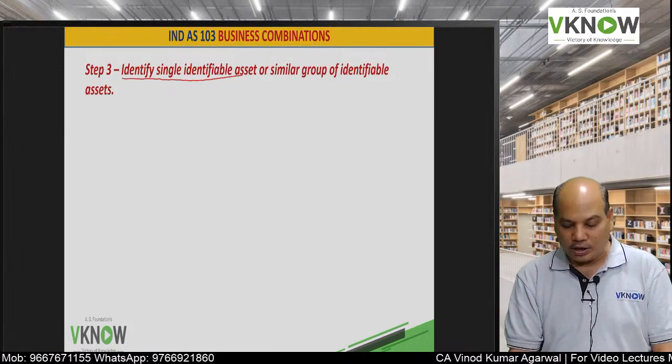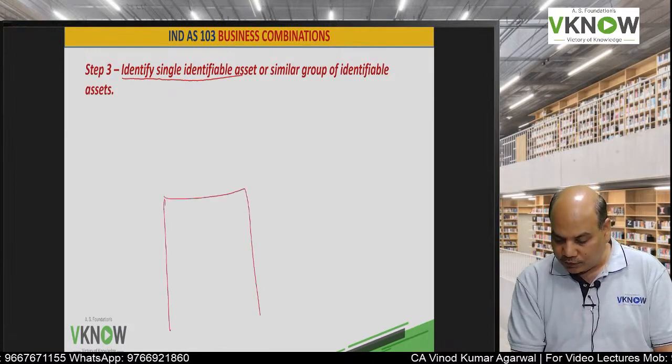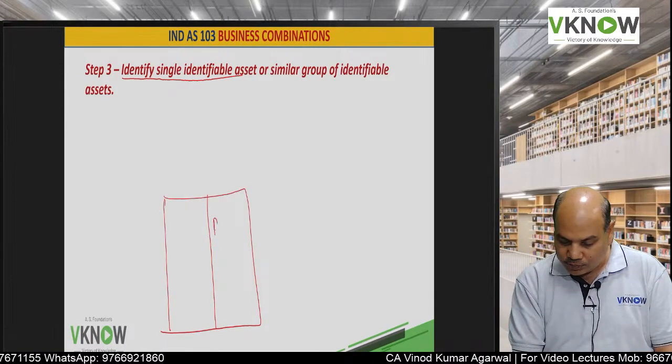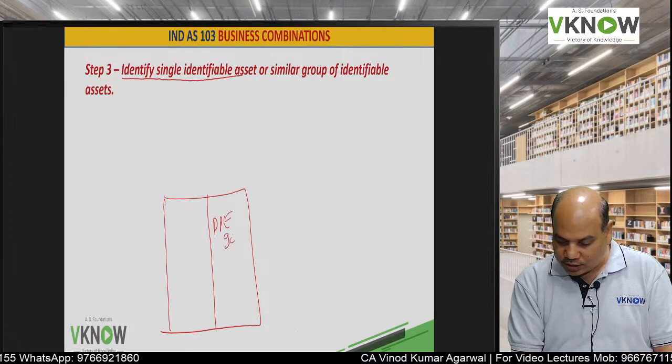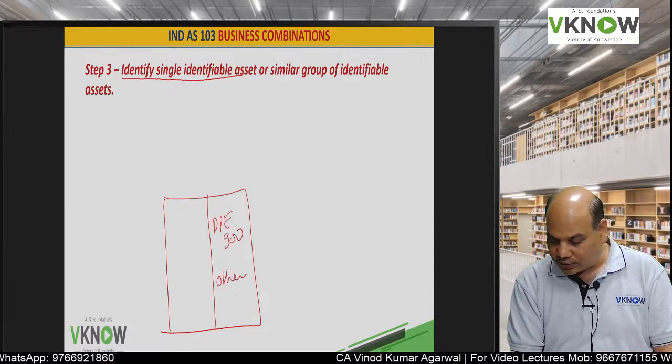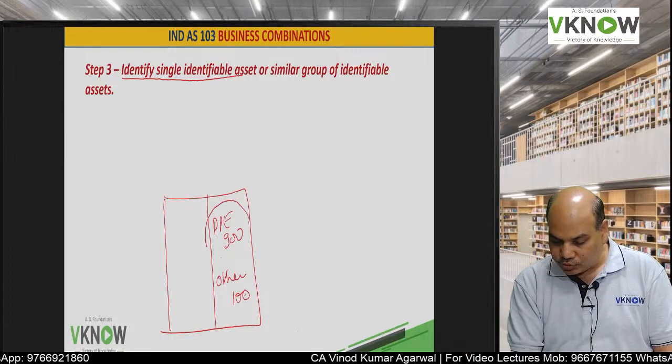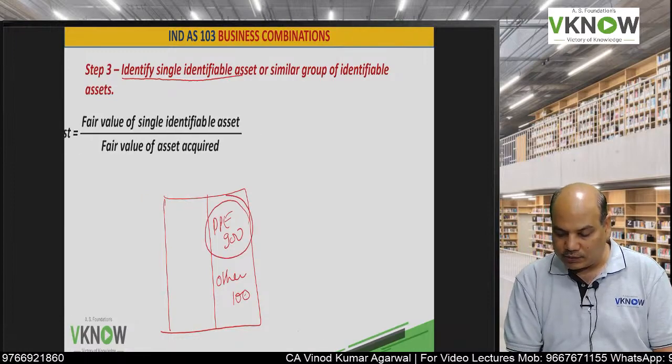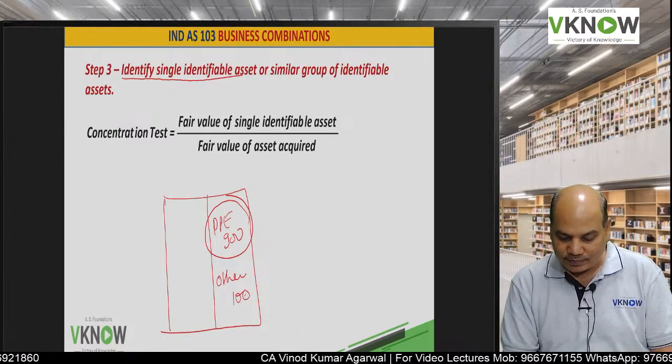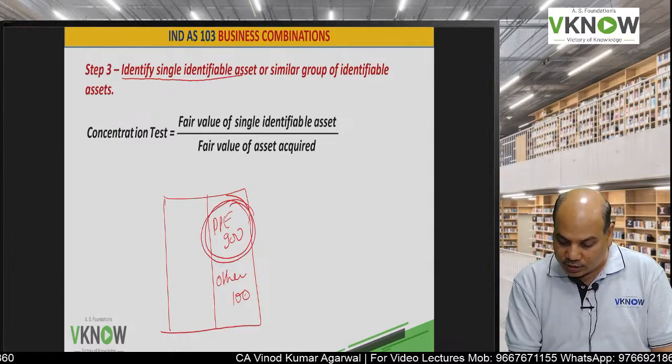Then identify the single identifiable asset. So if in the balance sheet you have PPE which is 900 and other assets 100, this is a single identifiable asset or similar group of assets. This is 900.